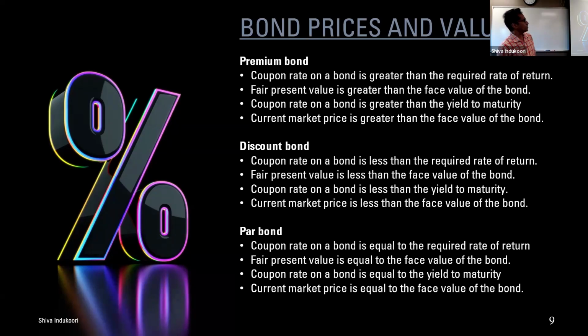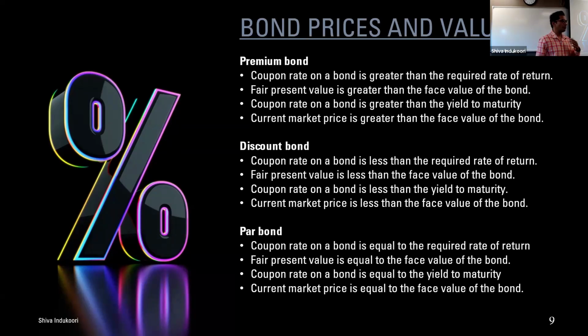So premium bonds are at premium. What does that mean? It means that the coupon rate on a bond is greater than the required rate of return. Okay. So again, there is a catch here. As I mentioned, when you say required rate of return, it is usually current market interest rates. So the coupon rate of a bond is more than your required rate of return or existing interest rates.